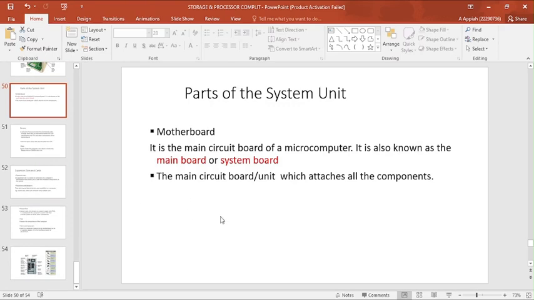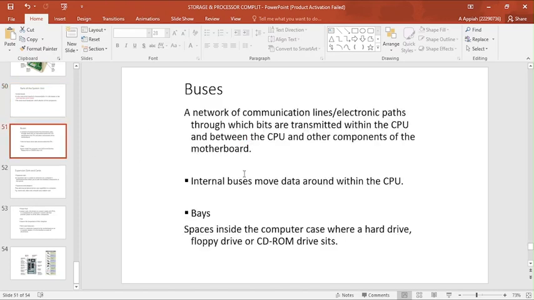So in the system unit, like we said, we have the motherboard, which is the main circuit board of a microcomputer, or of a computer if you like. It is known as the main board or the system board. It is the main circuit board which attaches all components.